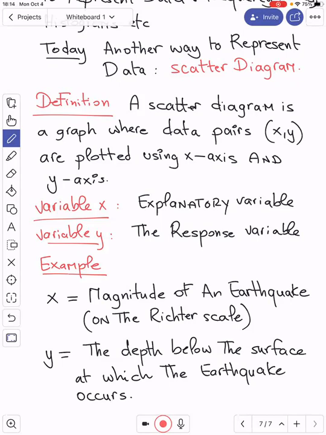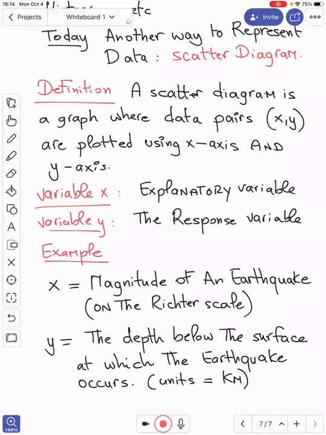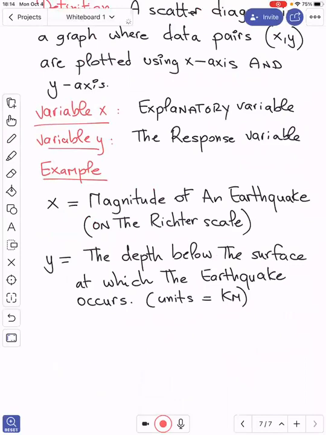As units for y, we're gonna use kilometers. So we have these two variables: x is the magnitude of the earthquake, and y is the depth of the earthquake, right?